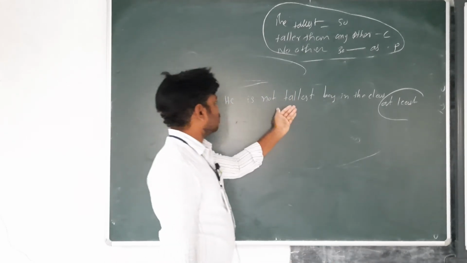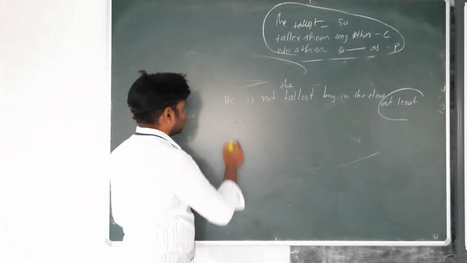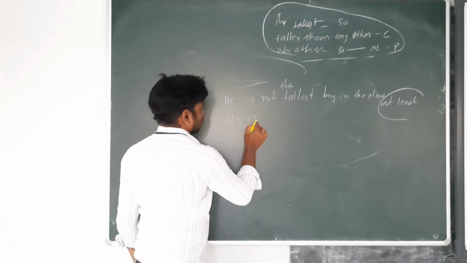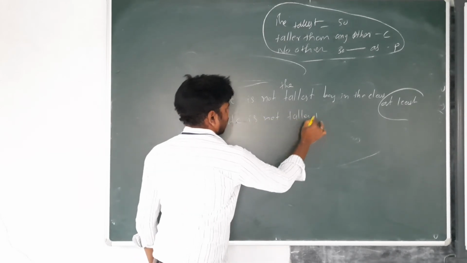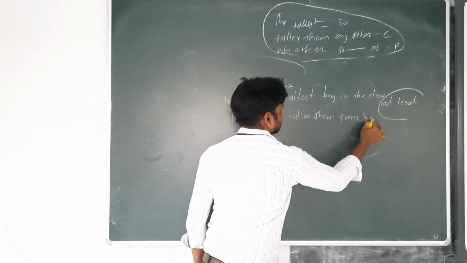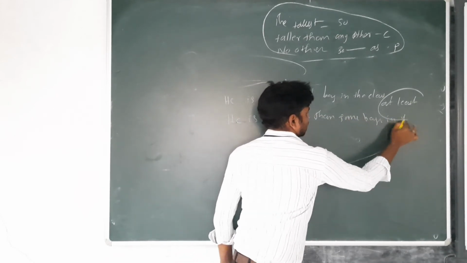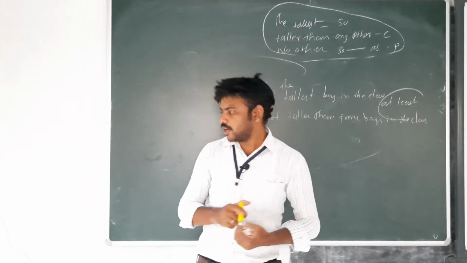He is not the tallest boy in the class. Now let us see: he is not taller than some boys in the class. This is comparative degree. Like this you should change it.